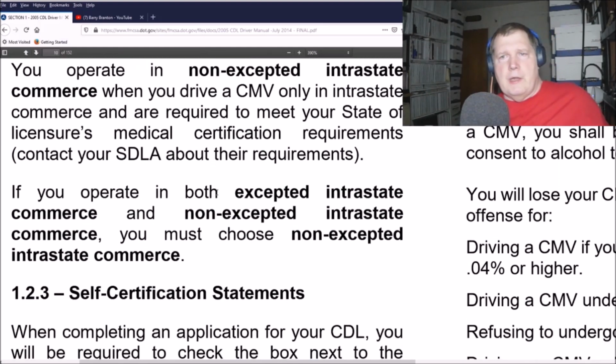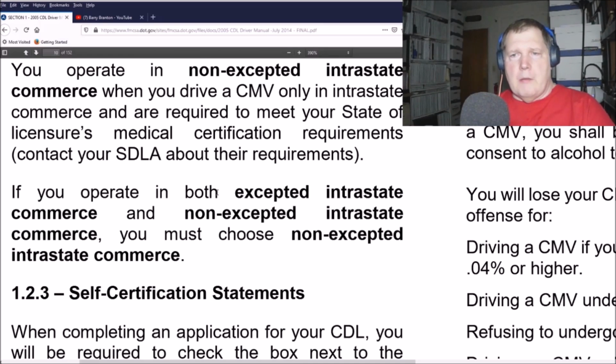You operate in non-accepted intrastate commerce when you drive a CMV only in intrastate commerce and are required to meet your state of licensure's medical certification requirements. Contact your SDLA about their requirements.